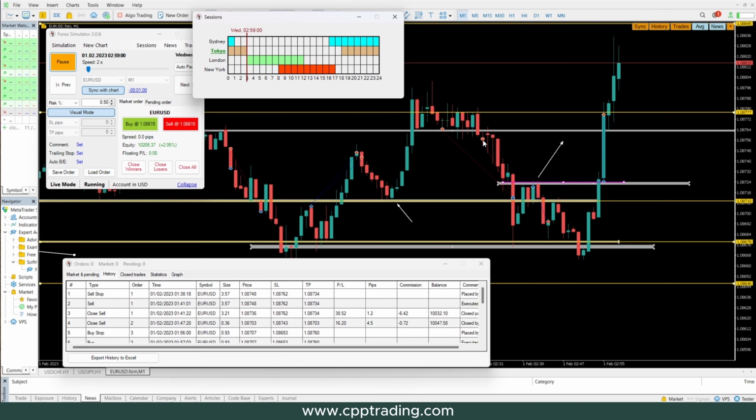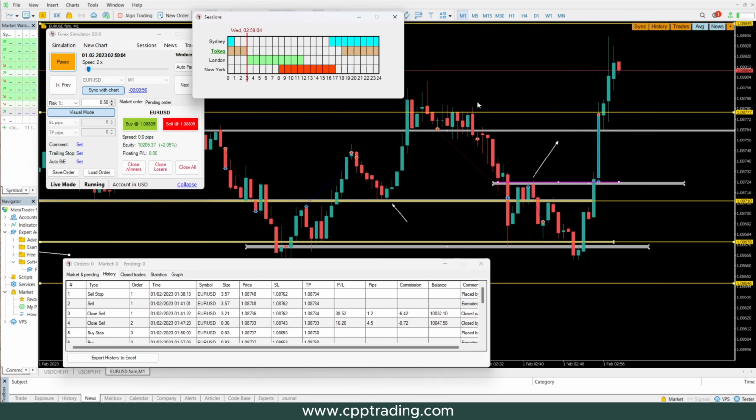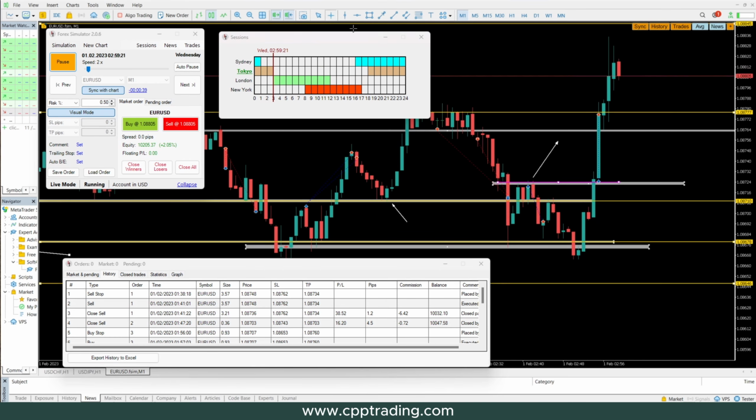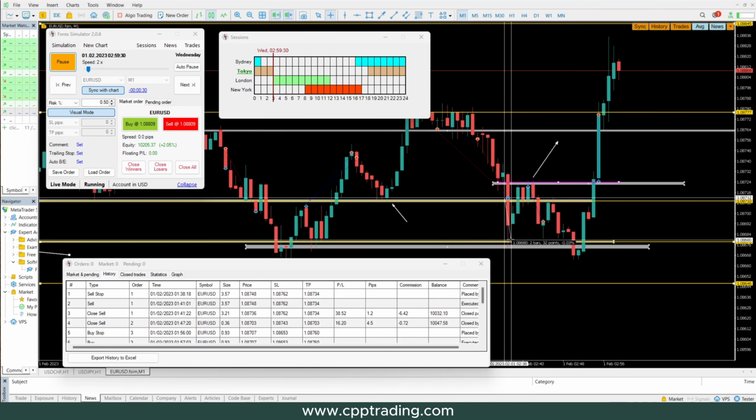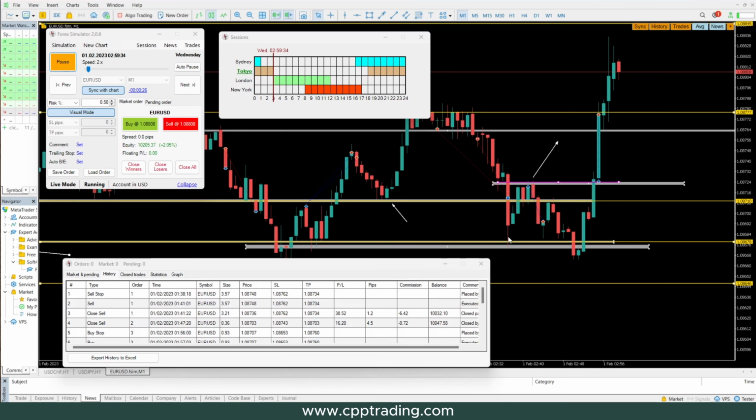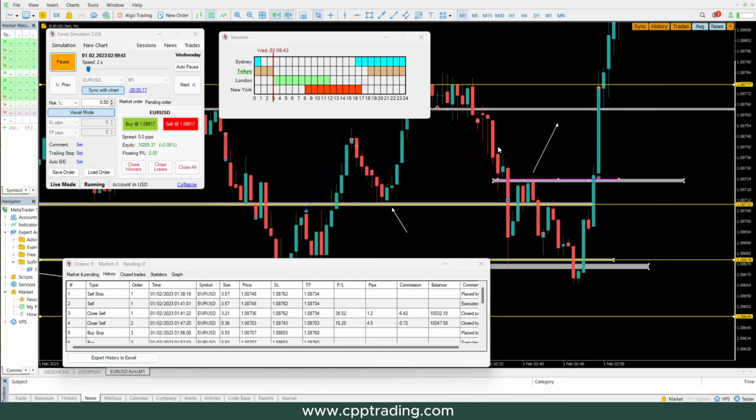Then we had another 0.2%. So overall we were maintaining 0.5, and it moved very nicely, actually 3 pips past our target, which is okay. But we had a good risk reward ratio here.